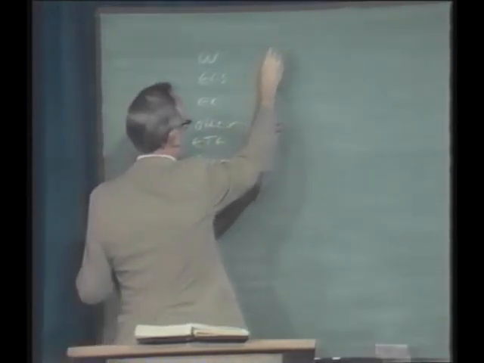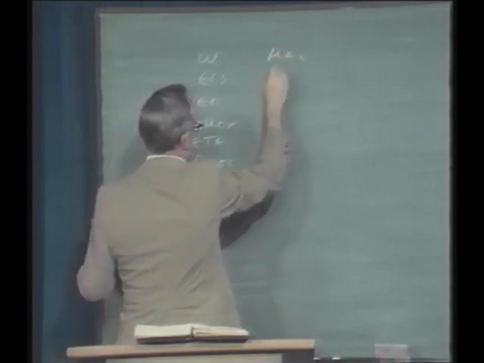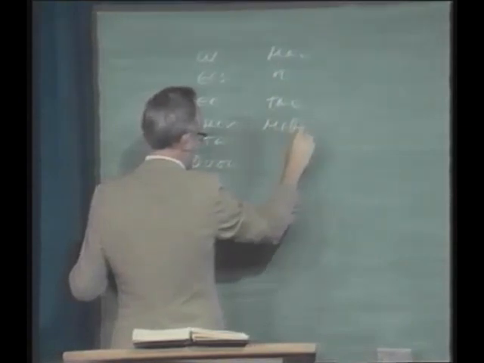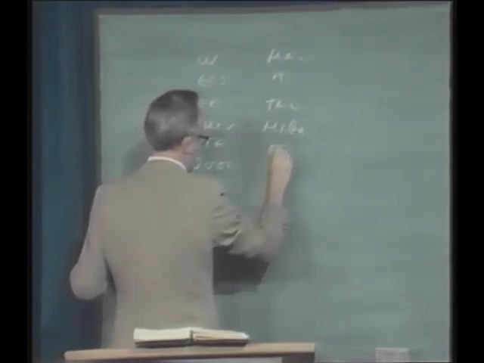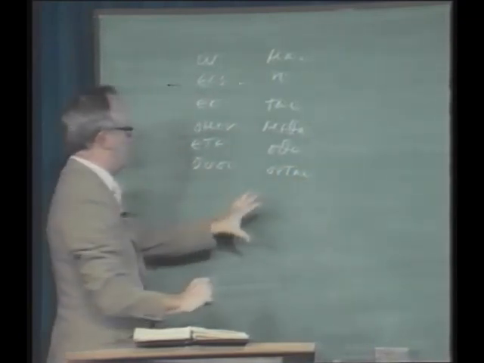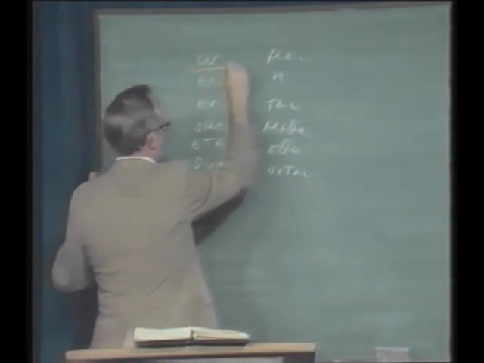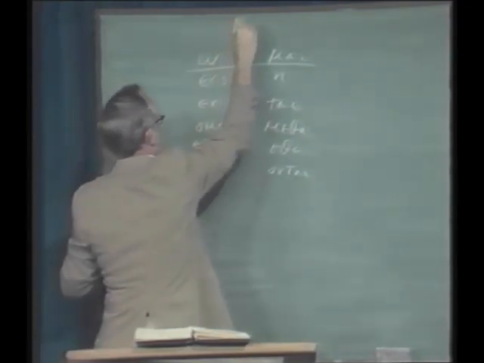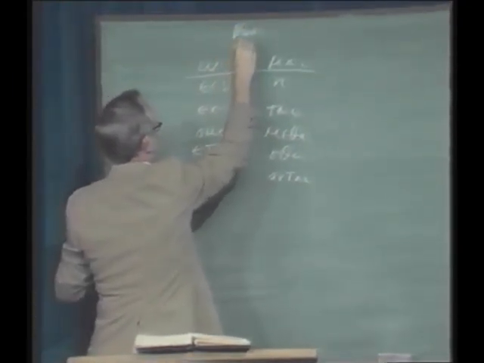And you also have omai, ei, etai, ometha, esthe, and then ontai. All right, those are the primaries. So think about it in this way. The ones that begin with omega, that's the present active.